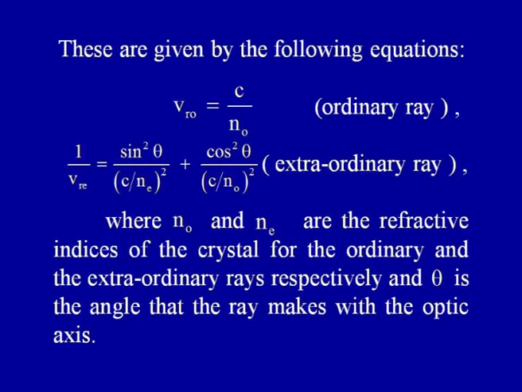V_O = c/n_O, this is for the ordinary ray. 1/V_E, that is the inverse of the velocity for the extraordinary ray, is given by sin²θ/(c/n_E)² + cos²θ/(c/n_O)², this for the extraordinary ray.